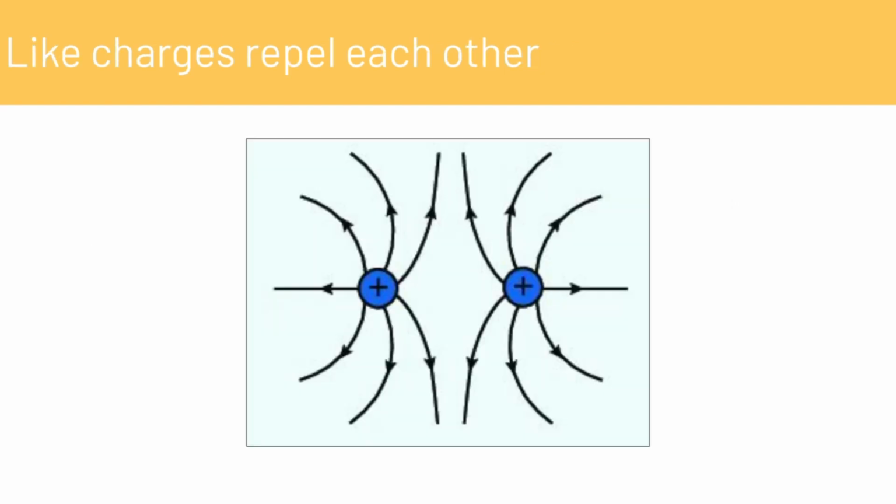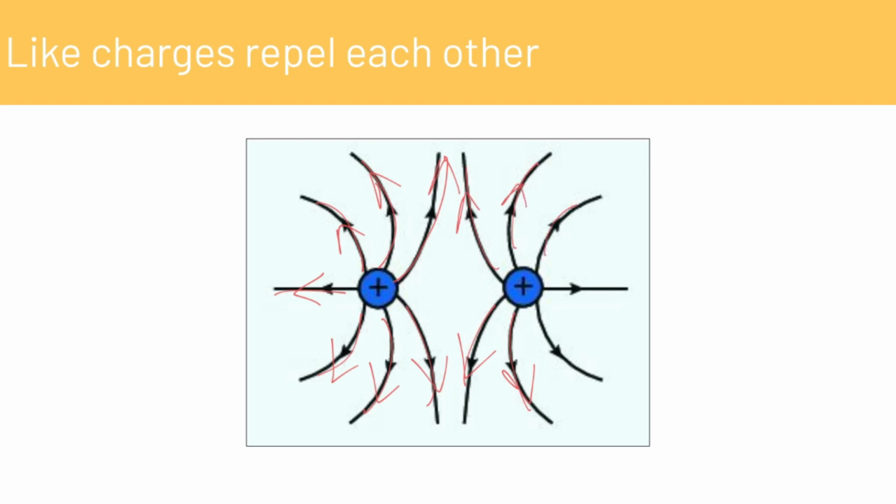All right, so like charges repel each other. So here we have a diagram of 2 charges, and these are the force lines. These are the lines of charge that come off the charged particle. So these we can imagine are atoms that have lost electrons, and they're in close proximity to each other, so they have positive charge.